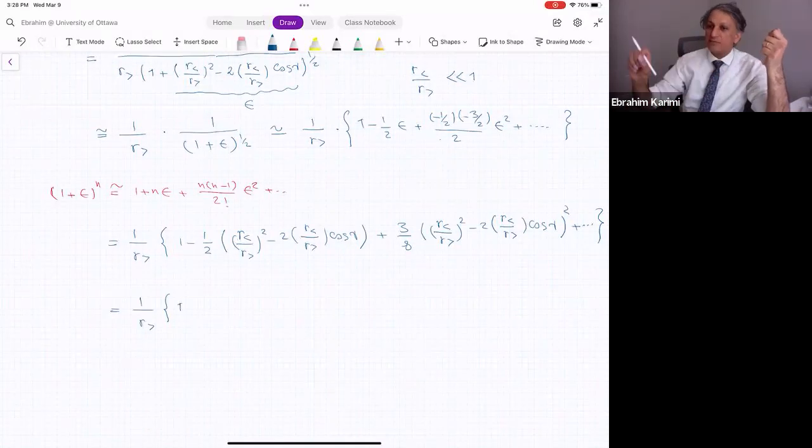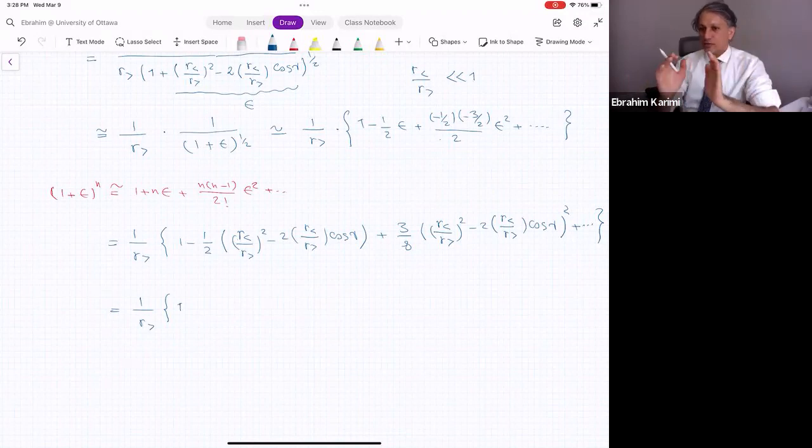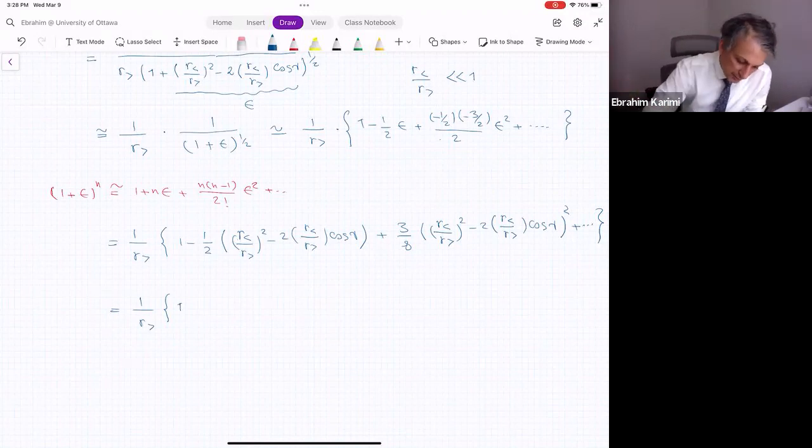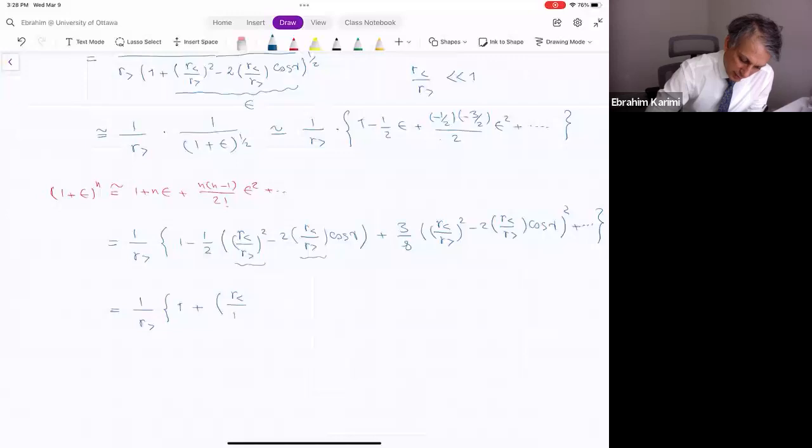For me, that is the expansion power that I have to take care of. So I will sort them together in such a way that the powers are identical. For example, this is the power of 2. And definitely the power of 2 will be the second term, or the third term that I will keep. This is the power of 1. And then I will keep the power of 1 here. So it will be plus, 2 goes away, and then it will be R smaller divided by R greater cosine of gamma.